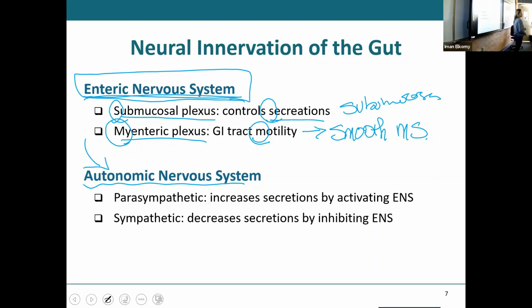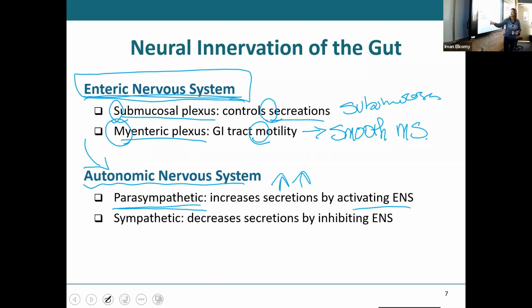Well, how does it do that? Or what does it do? The parasympathetic division is going to do what to motility and secretions that have to do with digestion? What is the parasympathetic system? It's rest and digest, right? So the parasympathetic system is going to increase all of my digestive functions, secretions, and motility by activating that enteric nervous system.